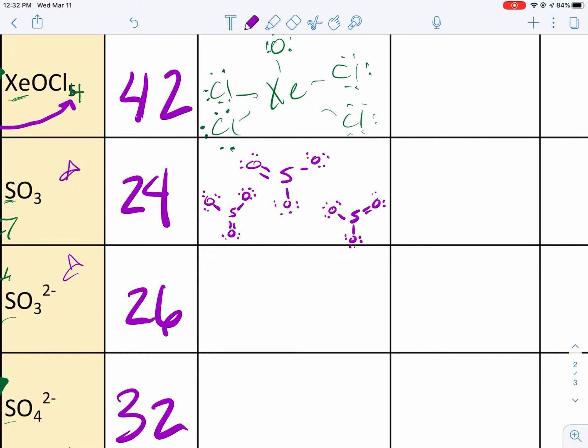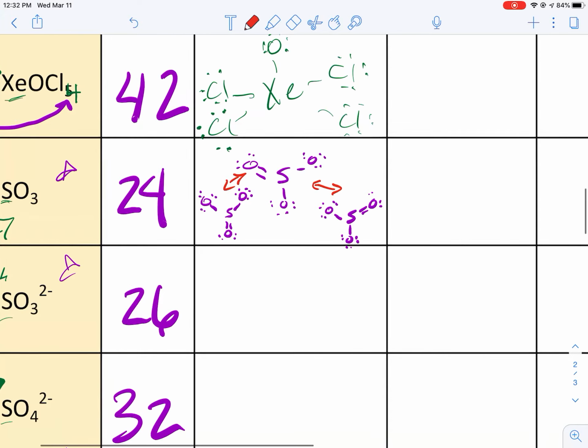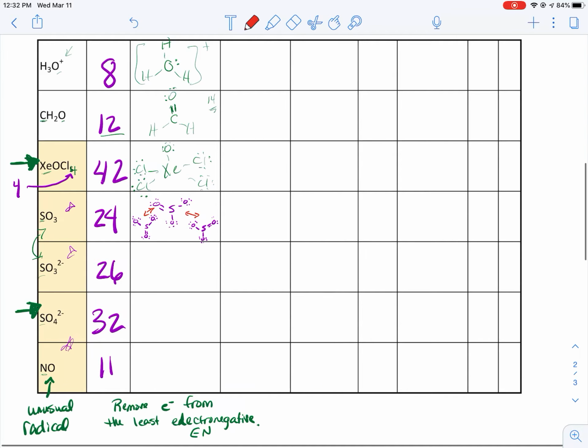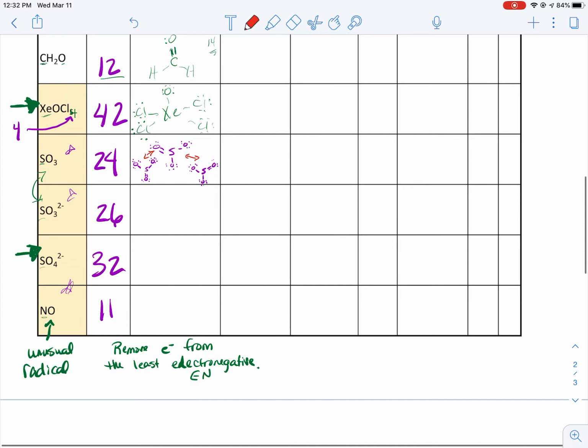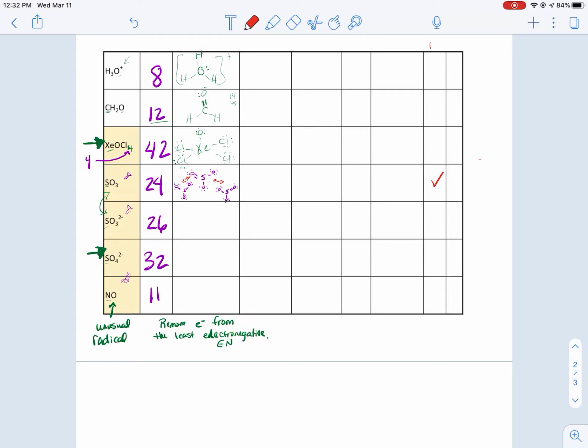Don't forget the lone pairs on him. And then you need the arrow to go between them. We're going to check mark that. Yes, this has resonance. I think it was the second from the end column. So yes, this has resonance. This is the resonance. This is the polar. And this is the formal charge. Got to fix that next time.